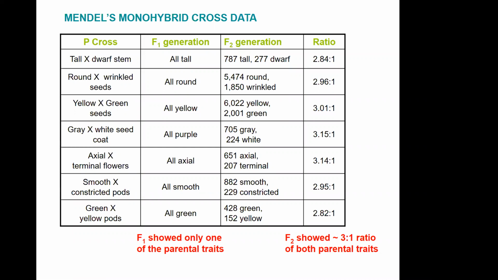Now there's a difference between the dominant trait and the dominant allele. Okay. So the dominant allele is the version of the gene which dictates the phenotype of a heterozygote.